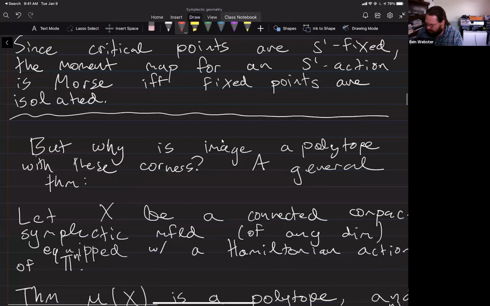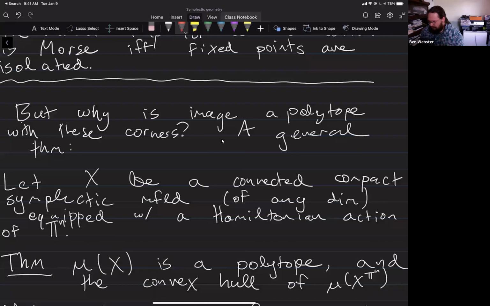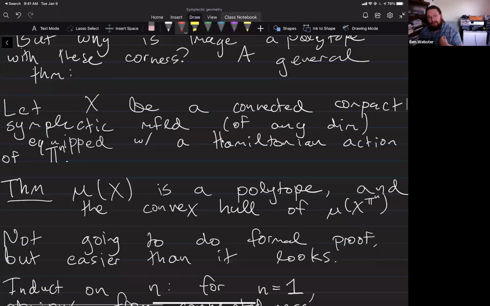Well, there's actually a general theorem we can use: if we have any connected compact symplectic manifold, of any dimension, I'm not assuming it's symplectic toric, its dimension is 2D, it has an n-dimensional Hamiltonian torus acting on it, but there's no relationship between D and N, it's always true that the moment map image is a polytope. It won't necessarily be a Delzant polytope, but it will be a polytope. And in fact, it will be the convex hull of the image of the fixed points.